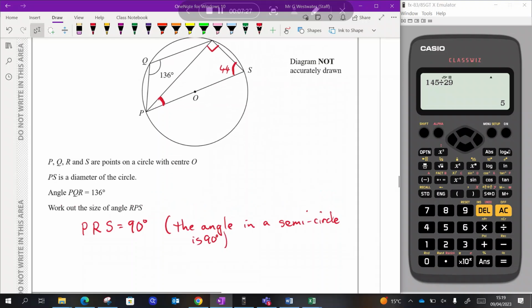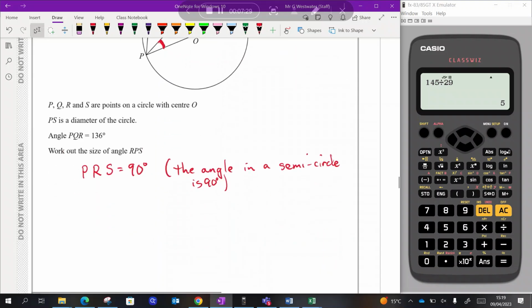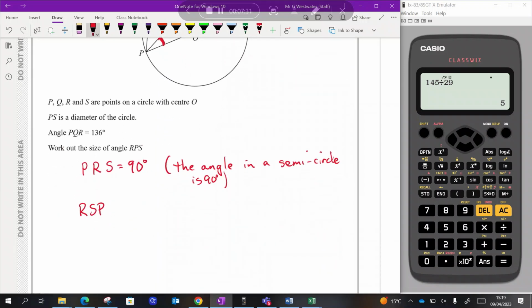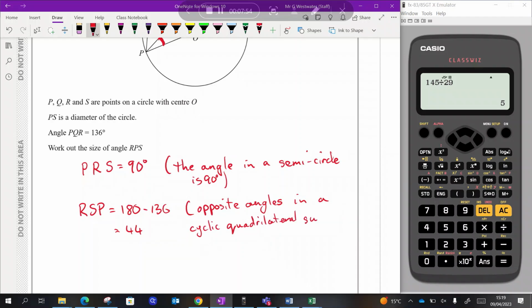So let's show this in working. RSP equals 180 minus 136, which is 44 degrees, and the reason for this is opposite angles in a cyclic quadrilateral sum to 180.